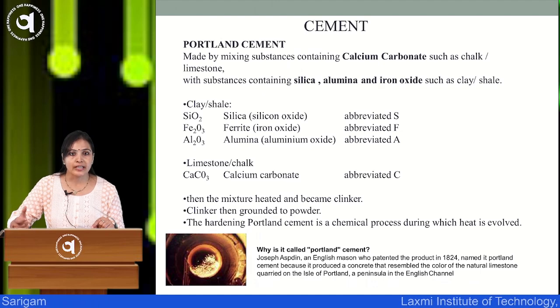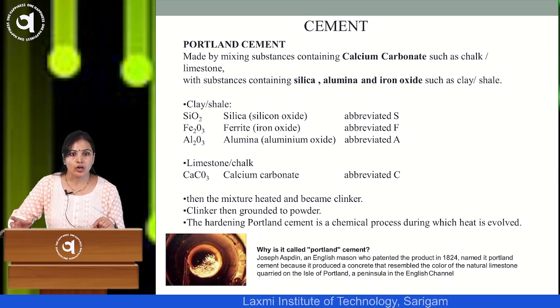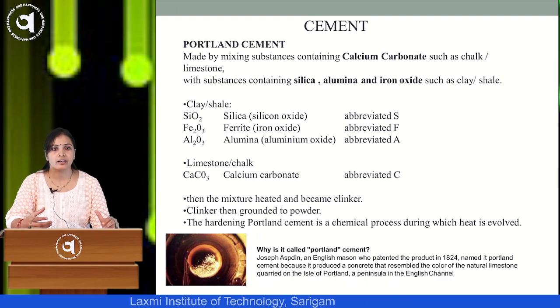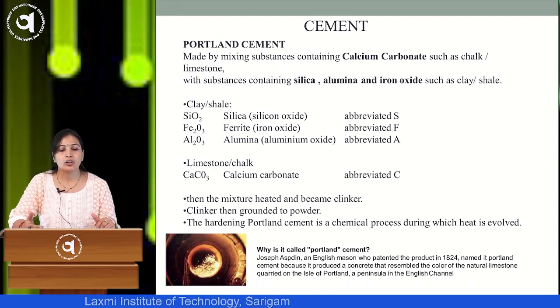So clay shales containing silicon dioxide, ferrite, that is iron oxide, and aluminum, that is aluminum oxide. The chemical formula and abbreviation are given here. Limestone or chalk has the chemical formula CaCO3, calcium carbonate, and it is abbreviated as C. And this mixture is then heated and becomes one clinker. The clinker is then ground into powder.